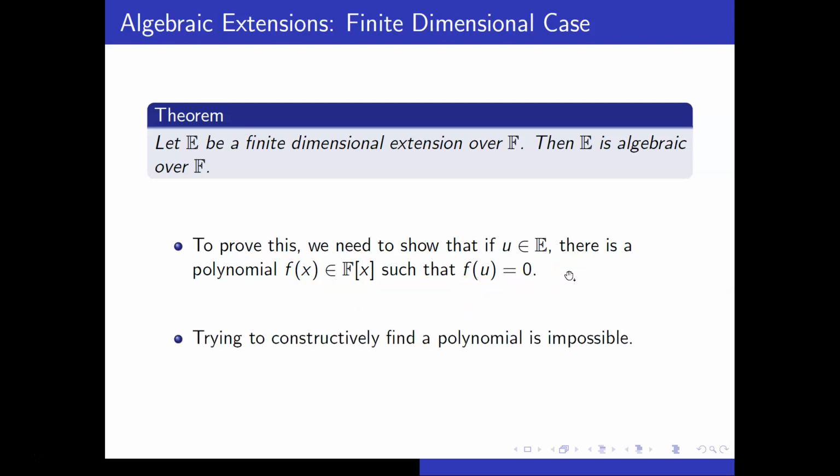Now, if we were to try to do that constructively in the abstract, it would be horrible. We don't have enough information to just pull out a polynomial. That having been said, it's not too bad.